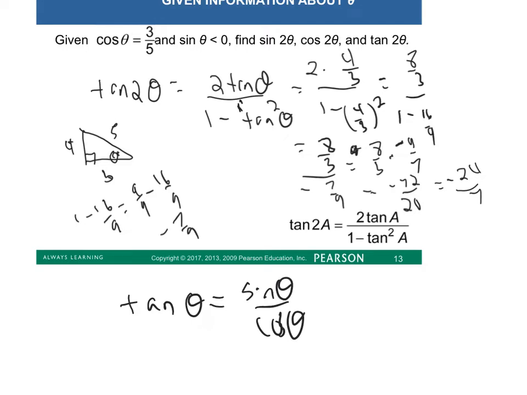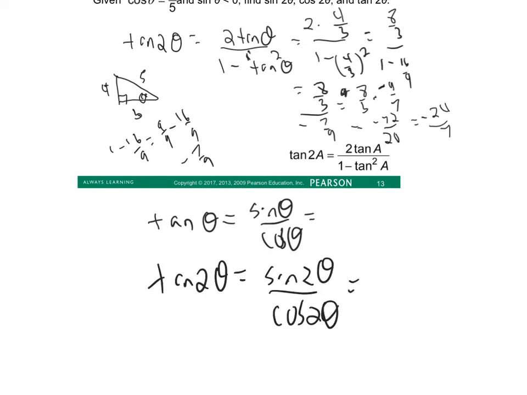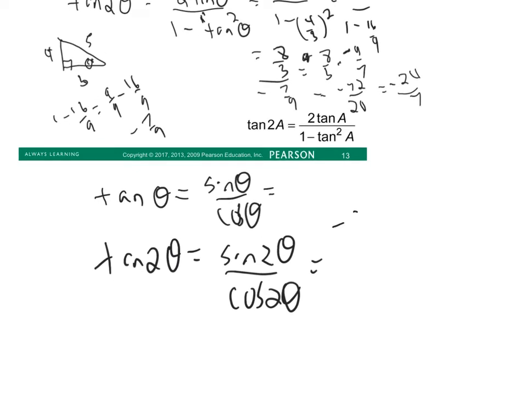We're doing tangent of 2 theta, which will be sine of 2 theta over cosine of 2 theta. So I got to go back and look to see what sine of 2 theta was. Negative 24 over negative 7/25. And when you multiply the top fraction by the reciprocal of the bottom, the 25ths cancel out, the negatives cancel out. Negative 24.